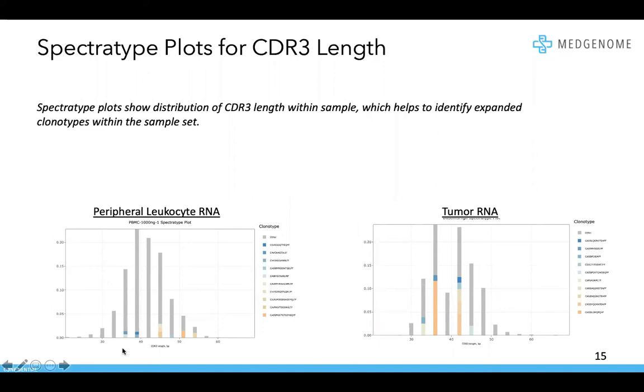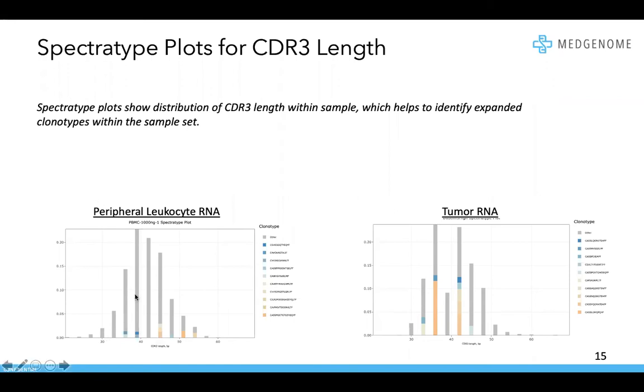These are plotting the abundance of the various lengths of CDR3 regions in each sample in the sequencing data. And then it's also showing where the most abundant clonotypes fall in these different lengths.